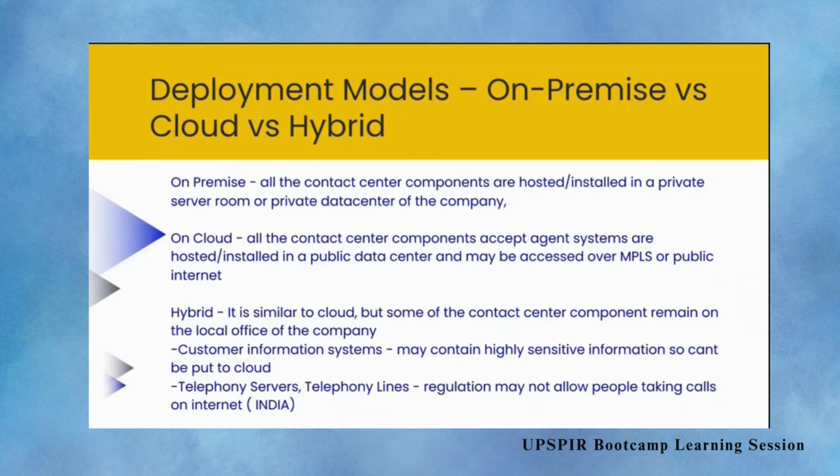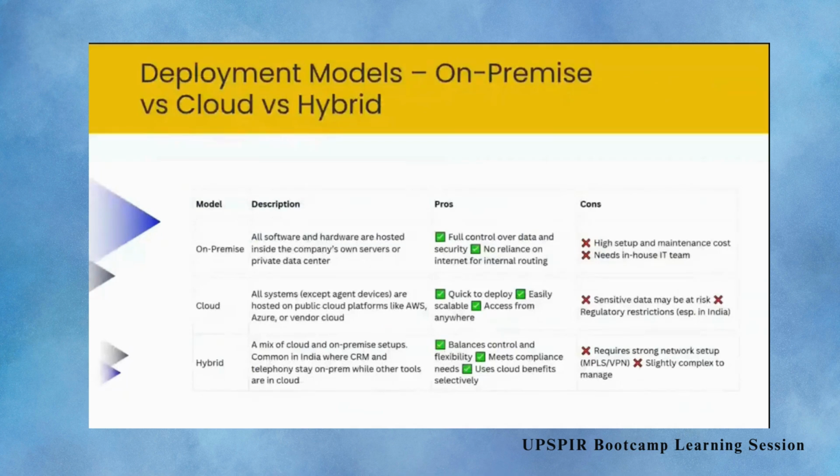Like in India, it is a restriction that local telephony servers are needed. So normally you are not able to put your call servers in the cloud. So we have a hybrid kind of setup also where application servers remain on the cloud, whereas the telephony servers or the call servers are local. So all these permutation combinations are possible.